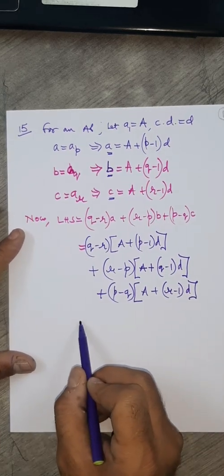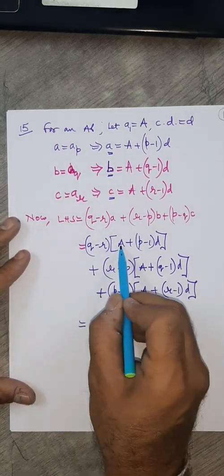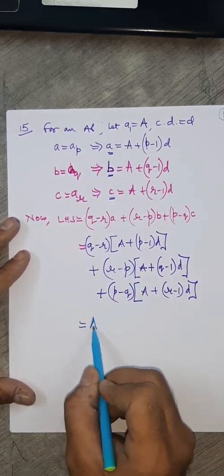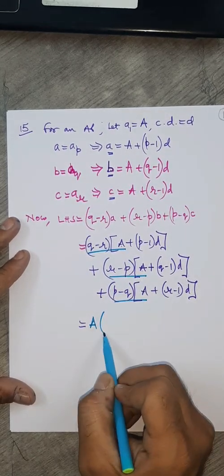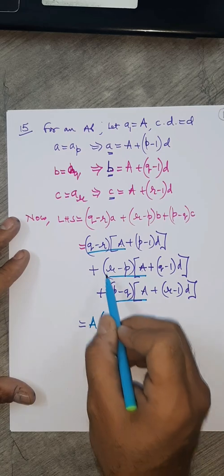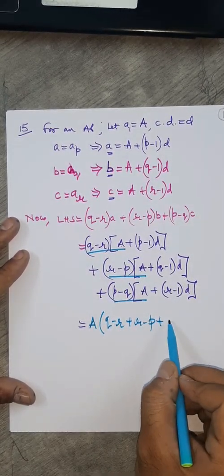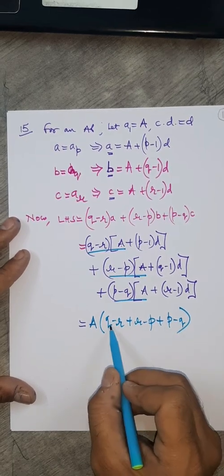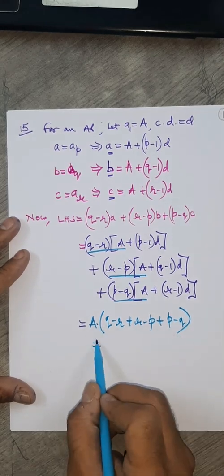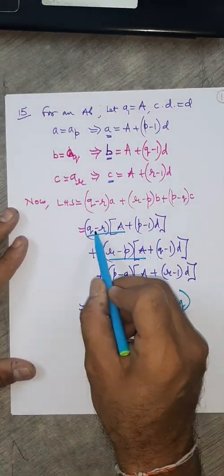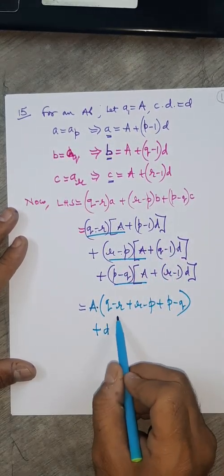Okay? Now we just simplify and we'll see that this is 0. How will we simplify? You open the bracket. From these three terms you take A common. From this, this and this. So what will I get inside the bracket? q minus r, here r minus p, and here p minus q. So you will see that internally all terms will get cancelled. So this is 0. Plus now this into this, this into this, this into this. I'll take d common.